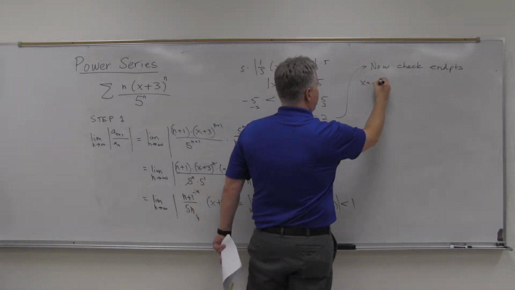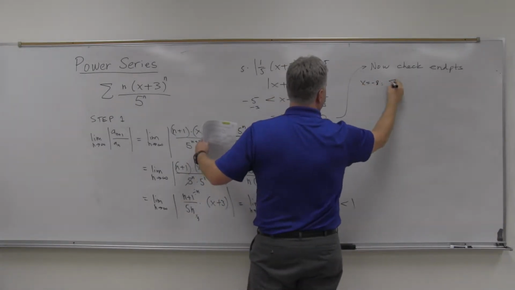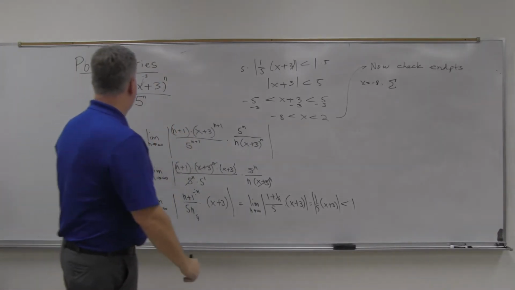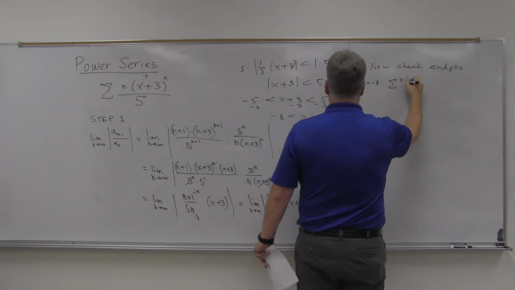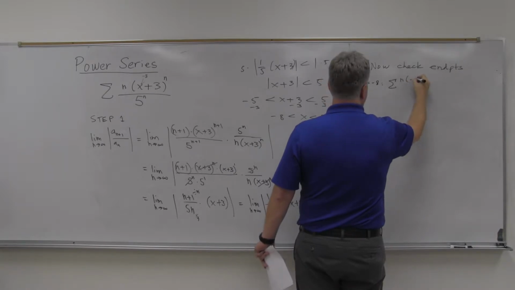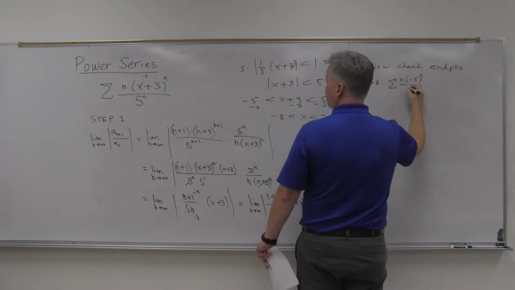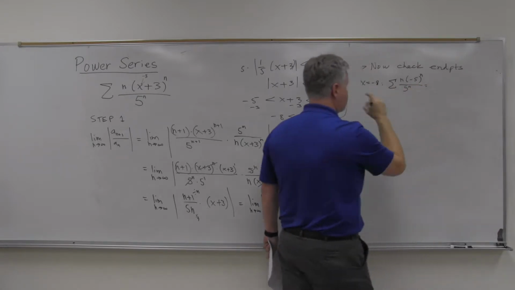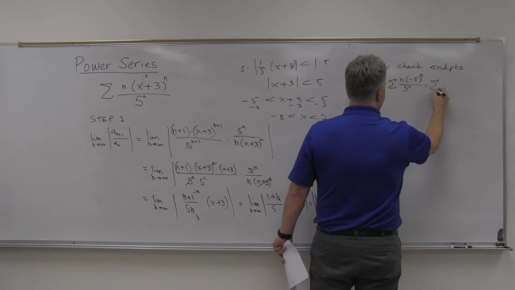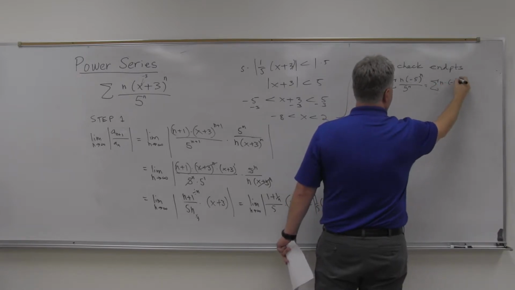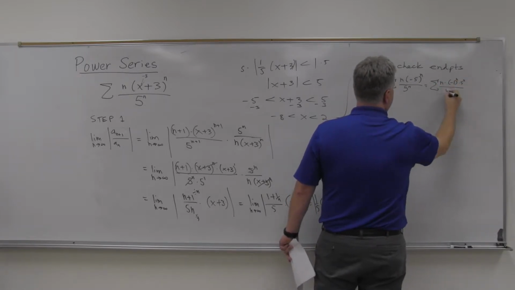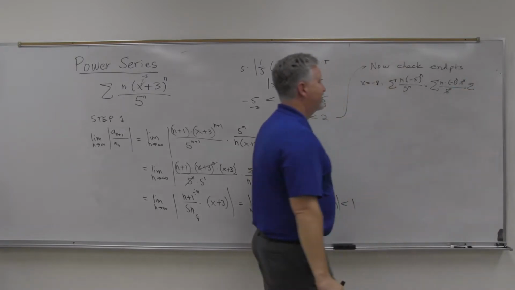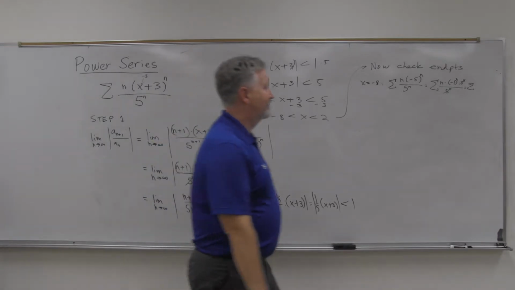All right, so x is -8. What do we got? Well, you go back to the series and plug in x to be -8. So that would be n times (-5) to the n over 5 to the n. Oh, hey, look at that. So I could say that's n times (-1) to the n times 5 to the n, and that just gets me down to n times (-1) to the n.